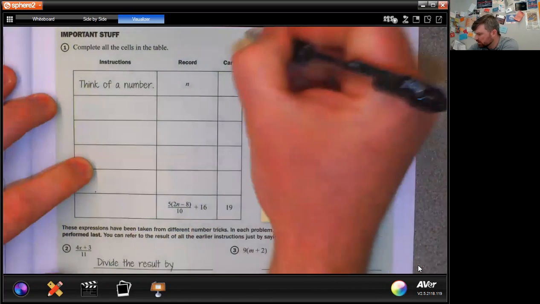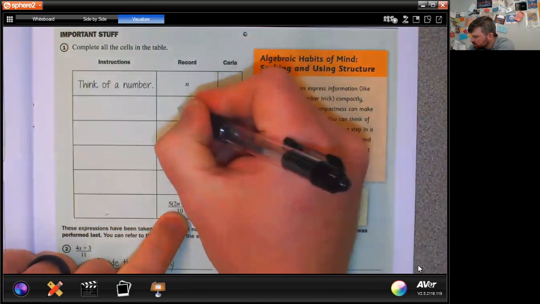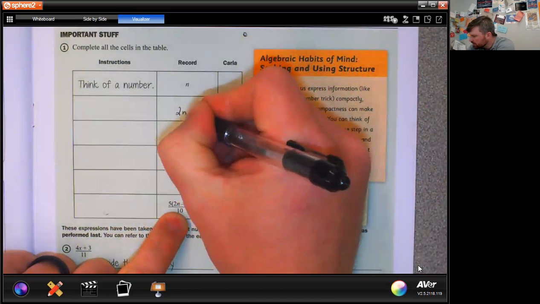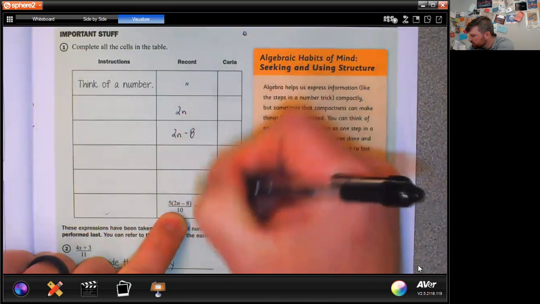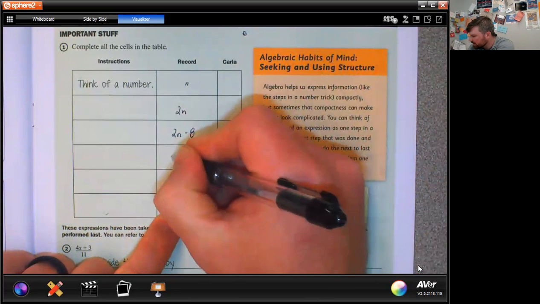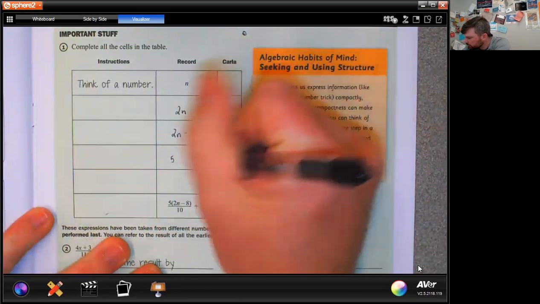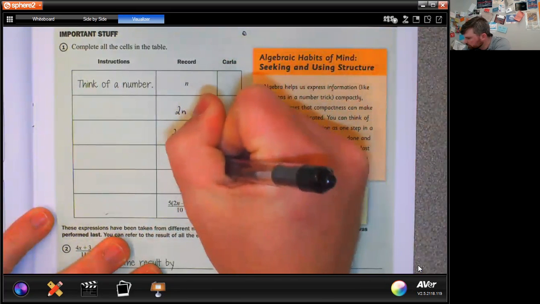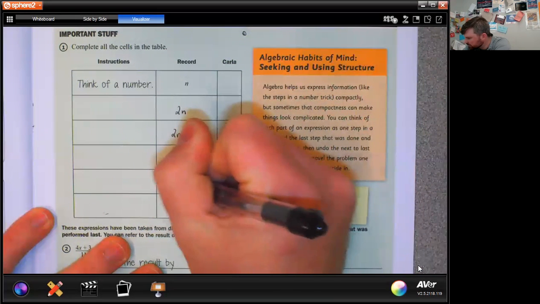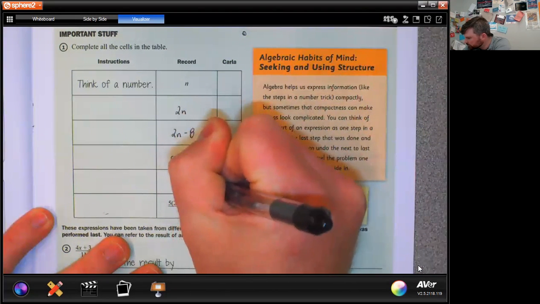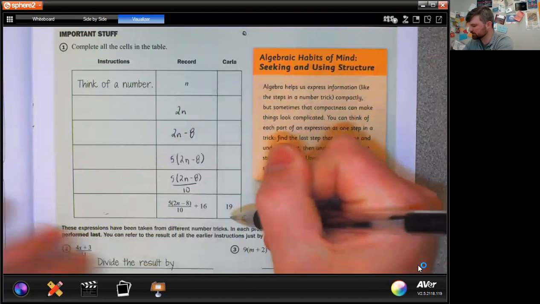We first had n, then 2n, then 2n minus 8, then we took that times the 5 on the outside, then divided by 10, and then added the 16.